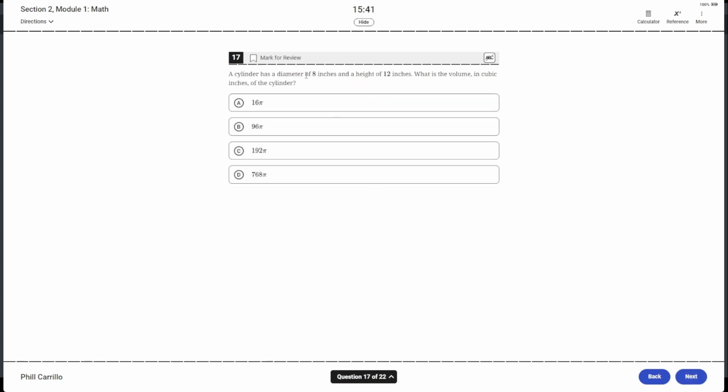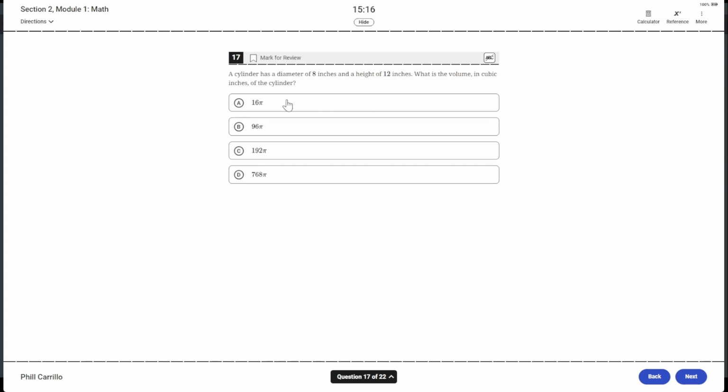A cylinder has a diameter of 8, so R is 4, and the height is 12. What is the volume? Don't you just do pi r squared times the height, right? Yes, that's in my head. The diameter is 8, radius is 4, 4 squared is 16, so 16 pi times the height, 12.